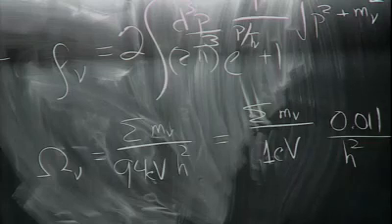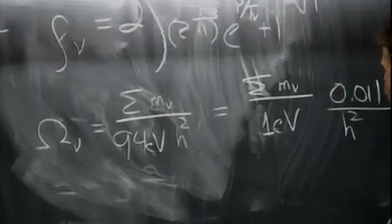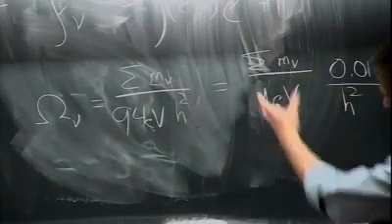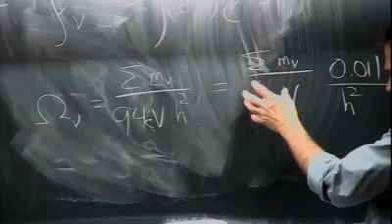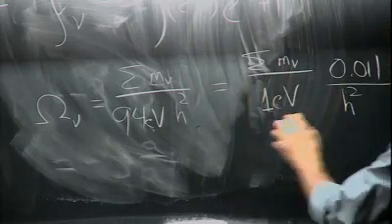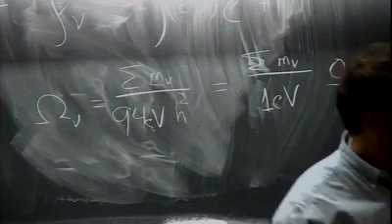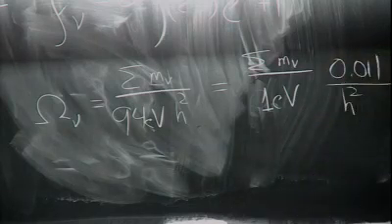So that's it. And the reason why this is important is that if the sum of neutrino masses is about an electron volt or so, then omega nu h squared can be about 0.01. But omega h squared of ordinary matter is about 0.1.